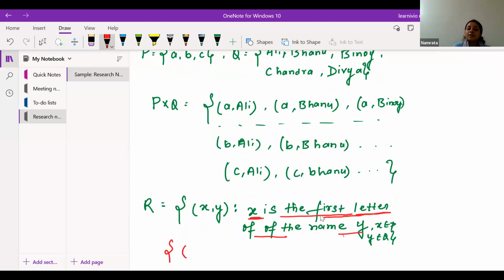So we have A, and there is a name which starts with A. That is Ali. So this will be an element of this relation.